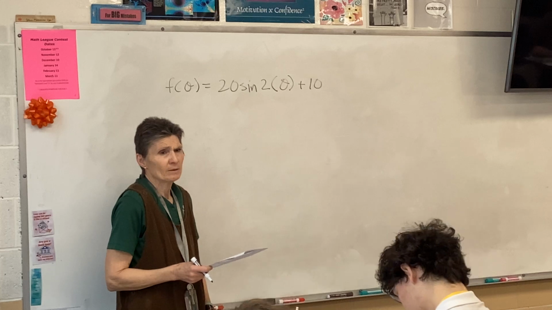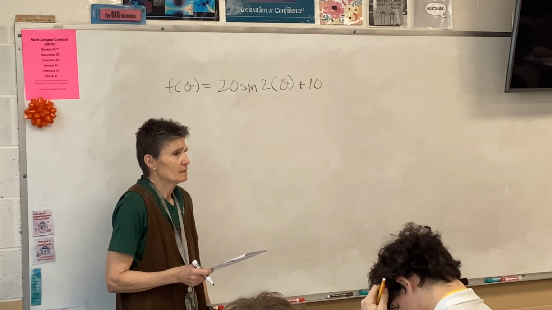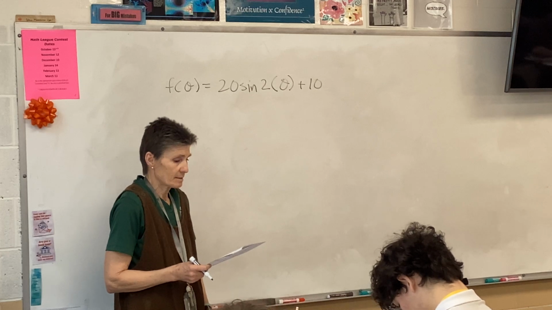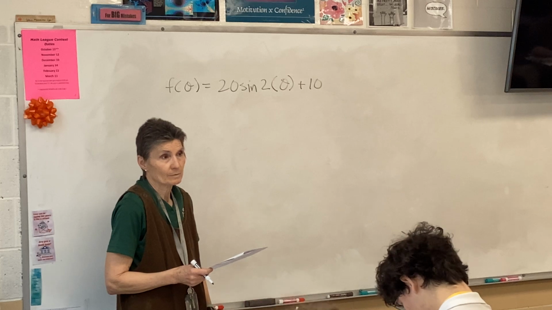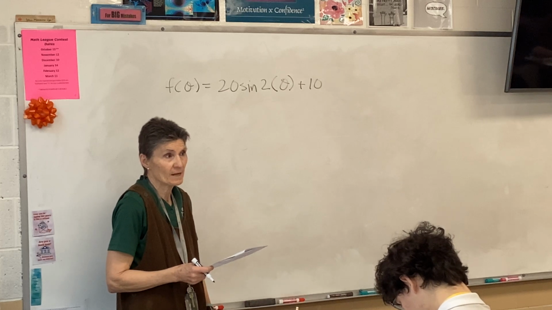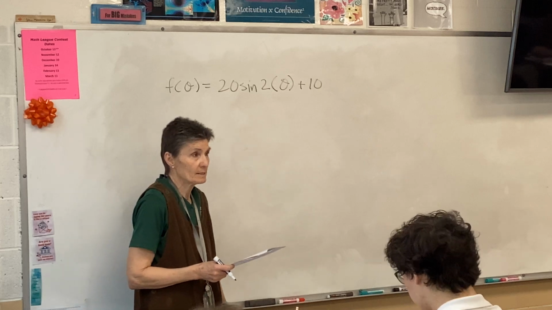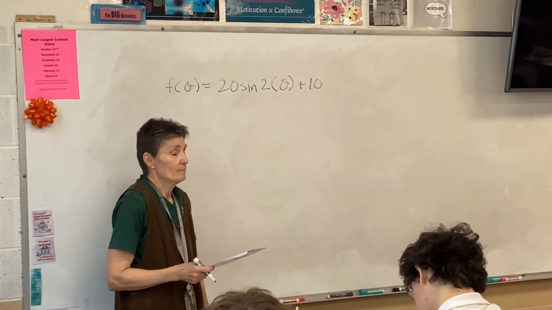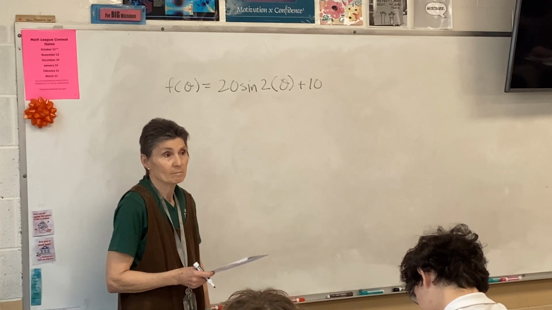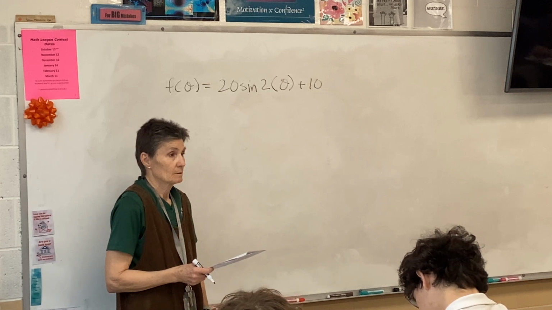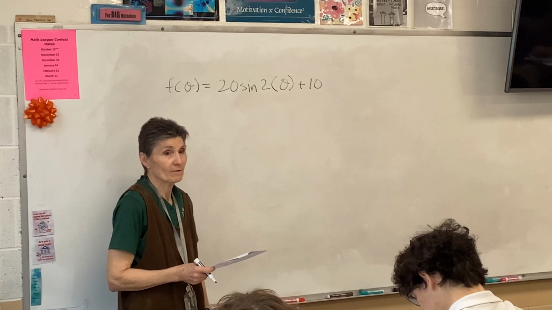And how do we find period for a sine curve? 2 pi, in this case, divided by 2. Right, the coefficient of theta. So if the period is pi, then the frequency would be 1 over pi. Everybody okay? All of a sudden you got very quiet.